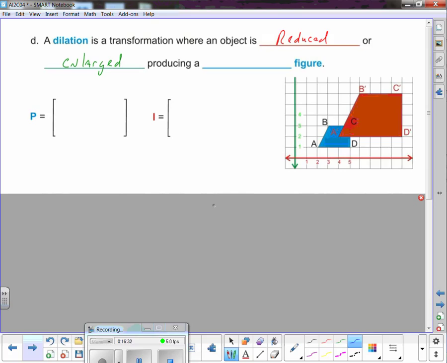What kind of figures? Similar figures have congruent angles and proportional sides. So producing a similar figure. Okay, so we got a pre-image there, the little blue image, and then you've got the corresponding enlarged image.